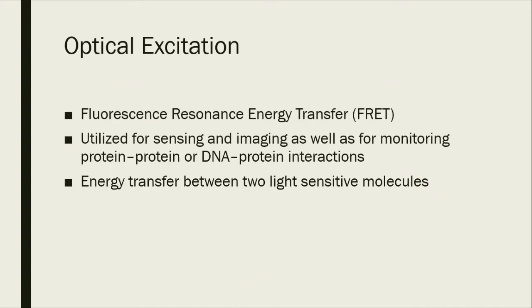Related to this fluorescence principle is something called fluorescent resonant energy transfer, or FRET. This is really related to how you can have a fluorescent molecule, represented by F, and the application of something called a Q, a quencher, that can stop the fluorescent process.